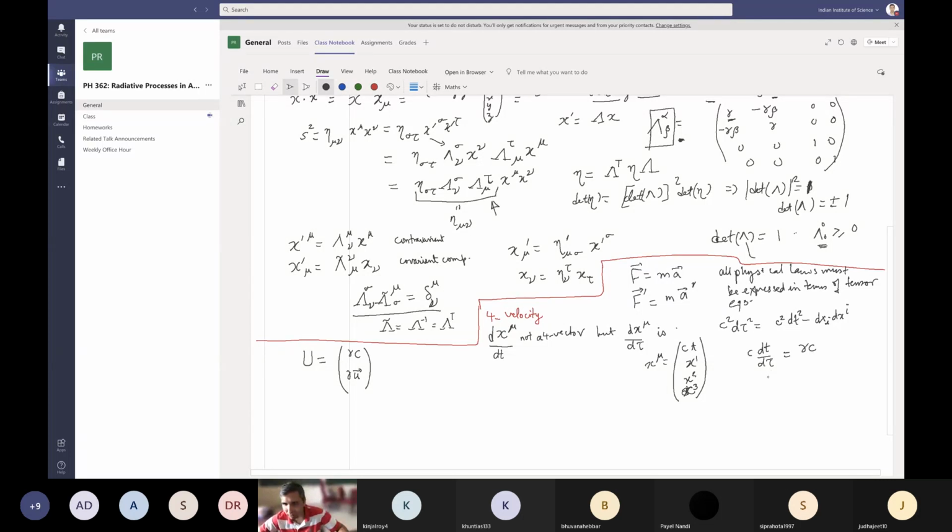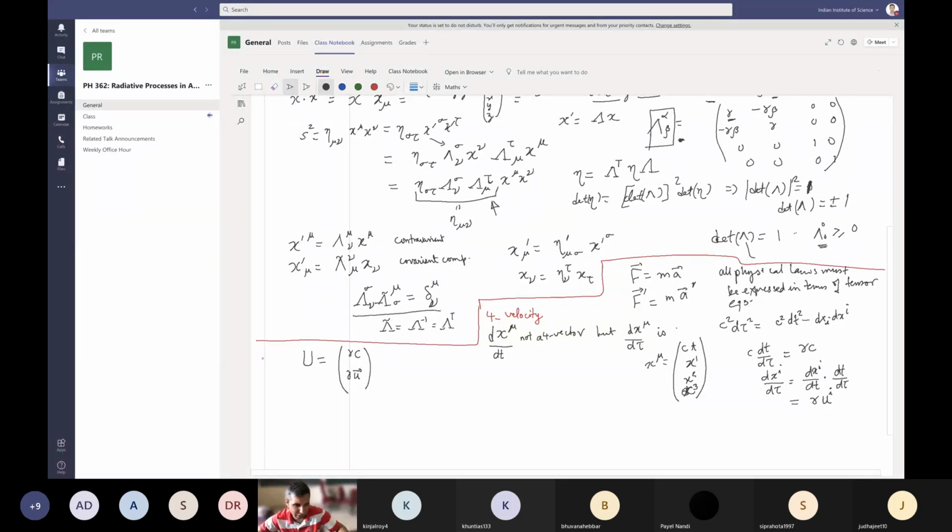Similarly, dx_i/d tau equals dx_i/dt times dt/d tau, which is nothing but gamma times dx_i/dt, which is nothing but the actual velocity, measured in the frame.